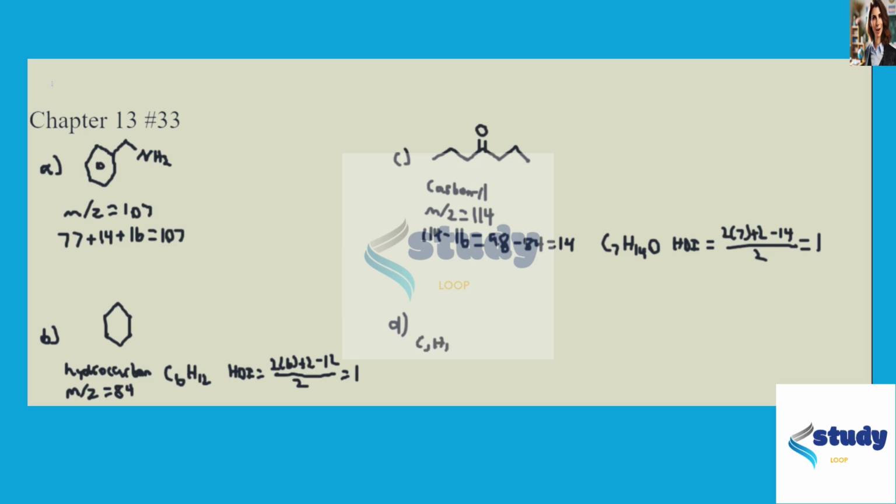So carbon, hydrogen, oxygen, nitrogen, exact mass is going to be 101.0841.